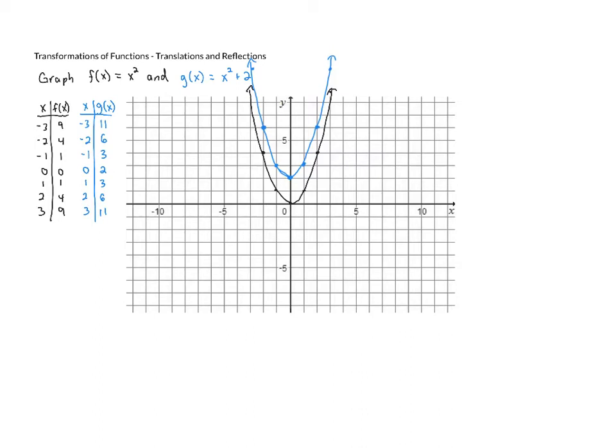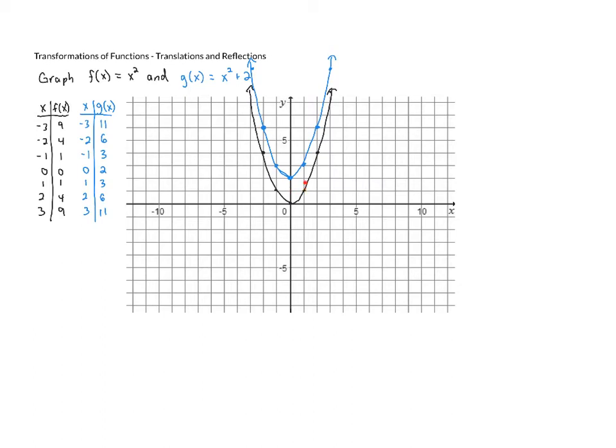What's the relationship between these two graphs? What has happened to the original graph to turn it into the new one? We can see here that each of these individual points is exactly 2 units above where the original point was. If we look at 0, 0, it goes up to 0, 2.